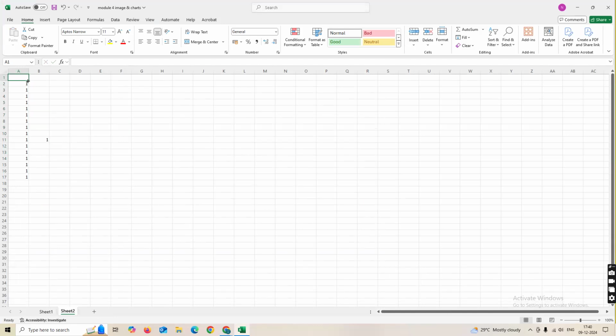Addition we have done. We selected one cell and dragged the addition. Like here, I want one heading here as serial number. Let me zoom my screen.